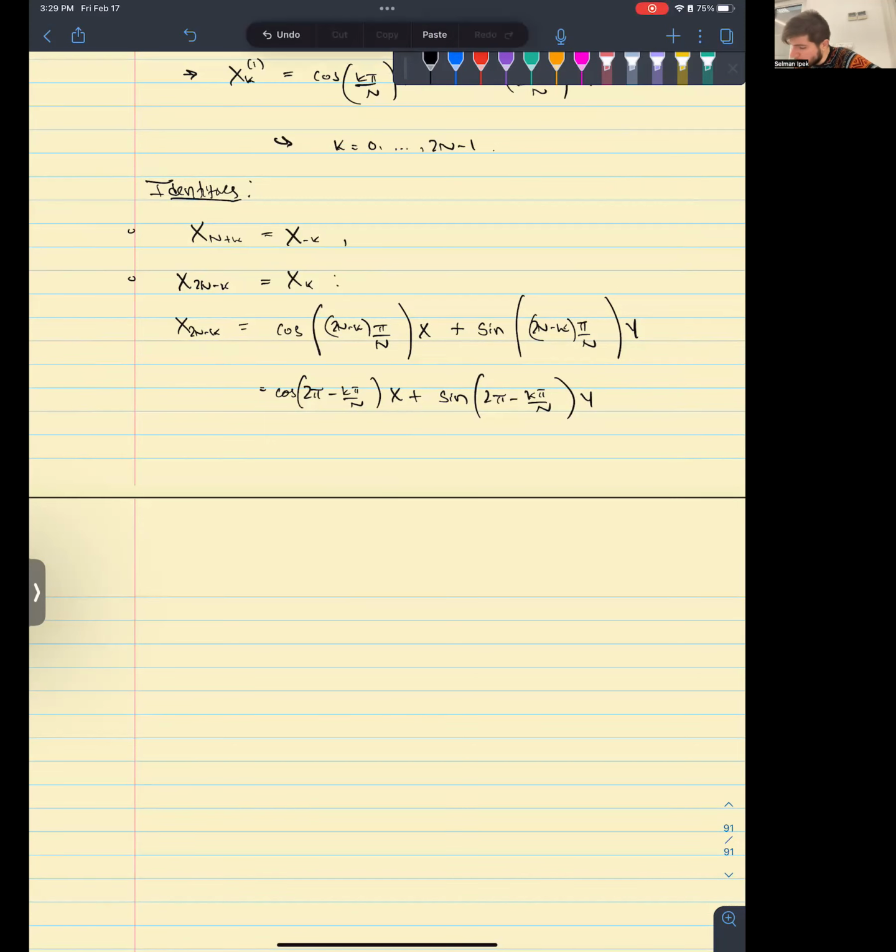Cosine is an even function, sine is an odd function. So you get cosine of k pi over n times X minus sine of k pi over n times Y, which is equal to X_{-k}. So I guess it was correct in the first place.